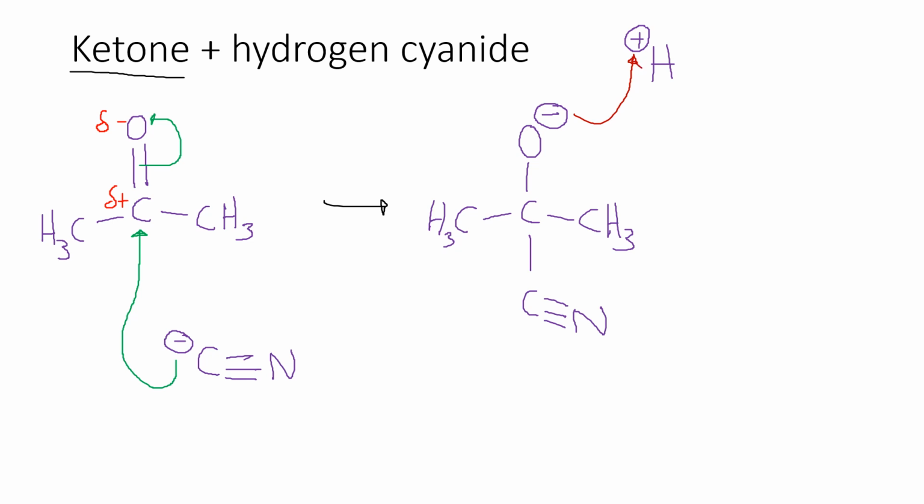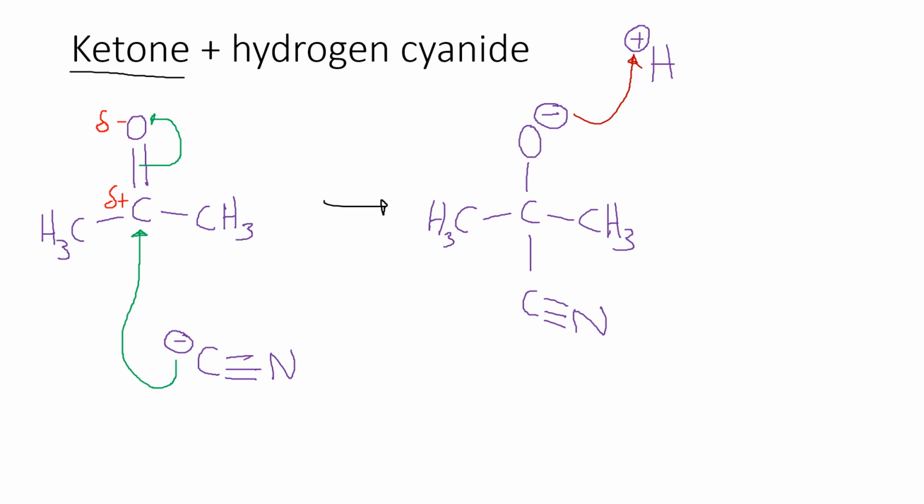Just a couple of things about curly arrows while we're here. Firstly, curly arrows always go from negative to positive, so from somewhere with lots of electrons to somewhere that is electron deficient, never the other way around. And there are two types of curly arrow, bond forming curly arrows and bond breaking curly arrows.